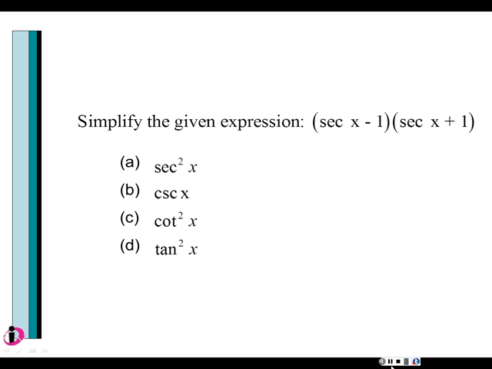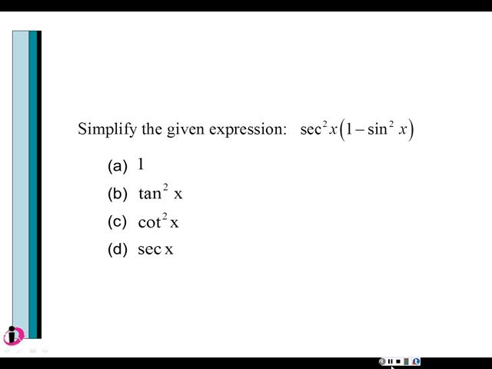Now let's try the next one. Alright, as I said before, if you do not think of anything, just do sine, cosine and see what you get. So this is another one. There is the easy route, sure, but if you don't see it, just apply sine, cosine for everything.